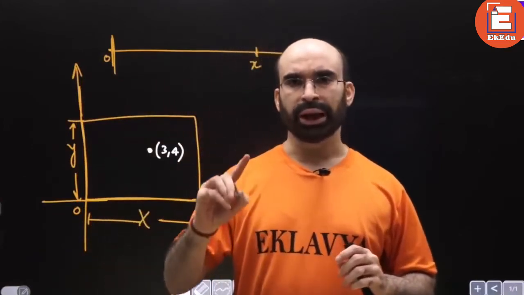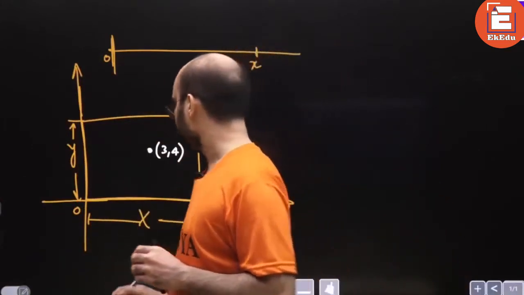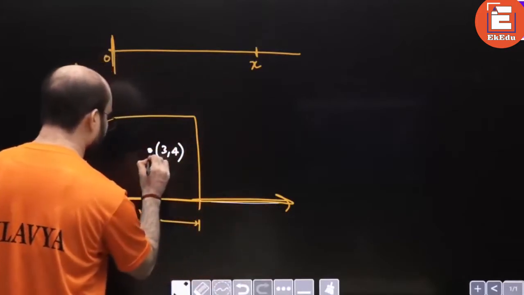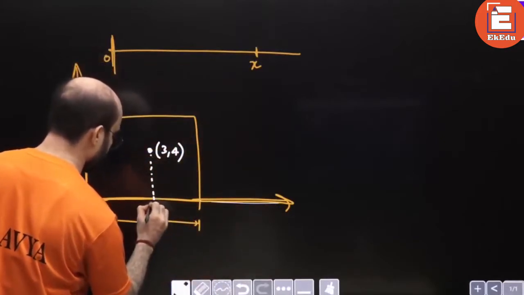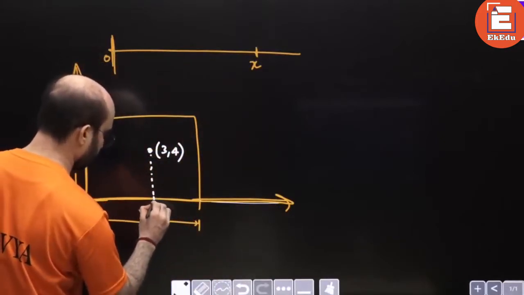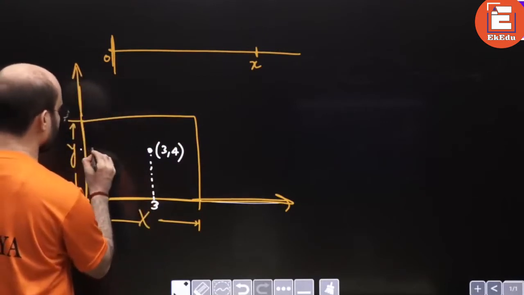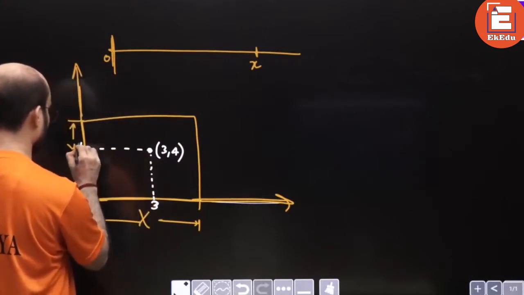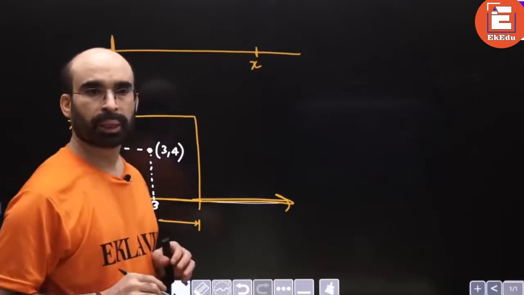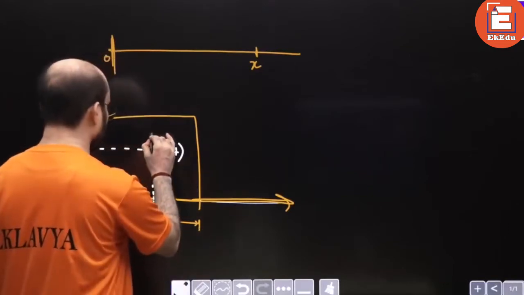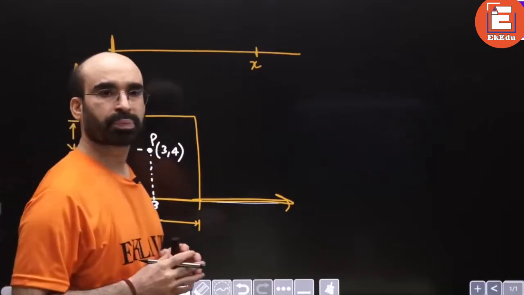When we say 3 and 4, that means x coordinate is 3, y coordinate is 4, this particle is P, right?